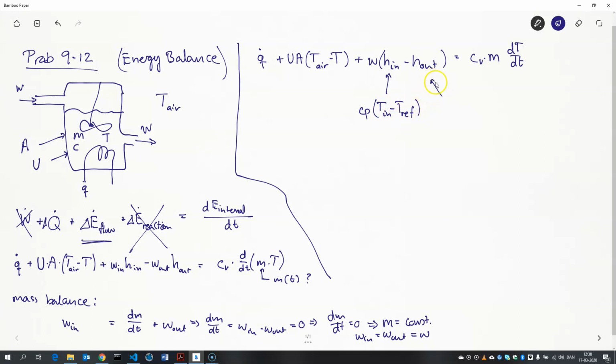And the same thing goes for the outgoing components. That reference temperature is pretty much arbitrary in this case anyway, because it cancels out in the expression.